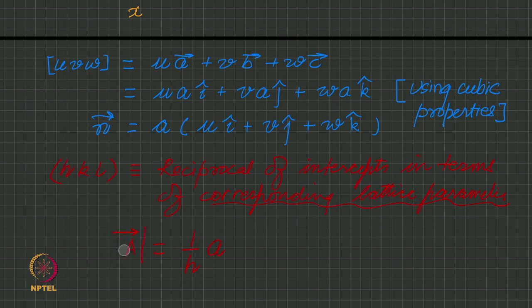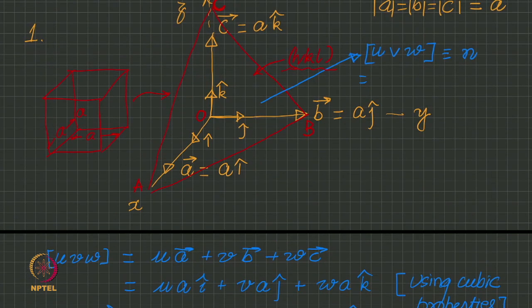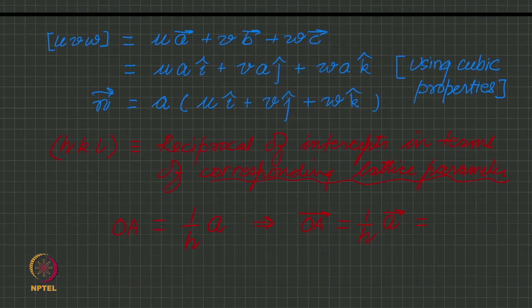Or, why complicate the writing, we can simply write OA as this, and in terms of vectors, OA is equal to 1 by H vector A, because OA is in the direction of the vector A along the x axis. In the cubic case, this will further simplify to A by H i.